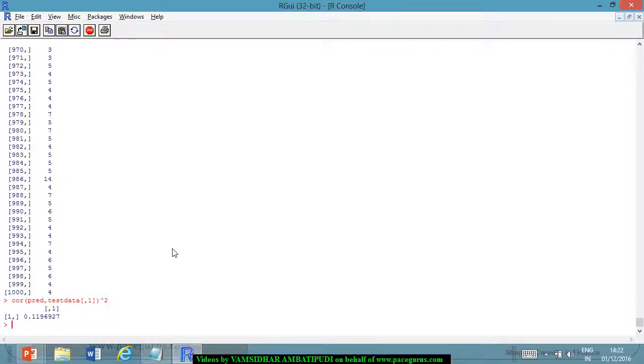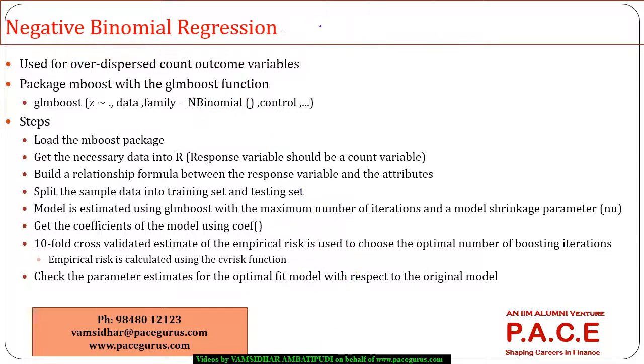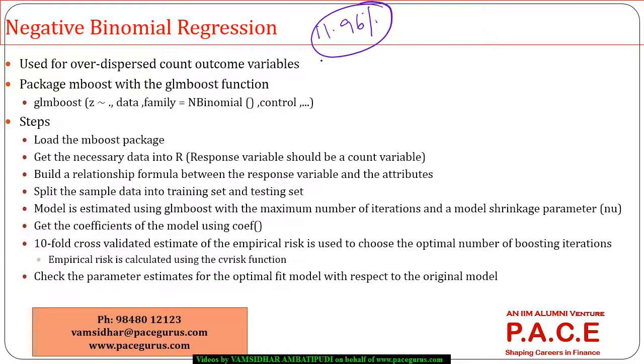Here it has resulted in only 11.96% accuracy. Negative binomial regression has resulted in only 11.96% accuracy on the test data, whereas the Poisson regression has resulted in 13.06%. So comparing these two models, it looks like the Poisson model is much more appropriate for this data compared to the negative binomial regression model.